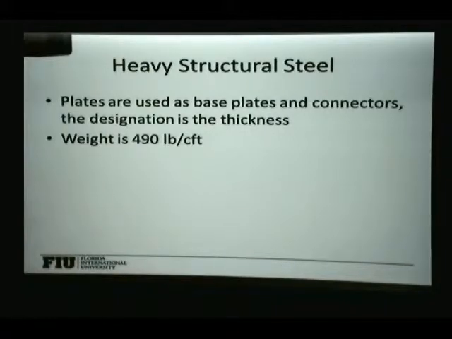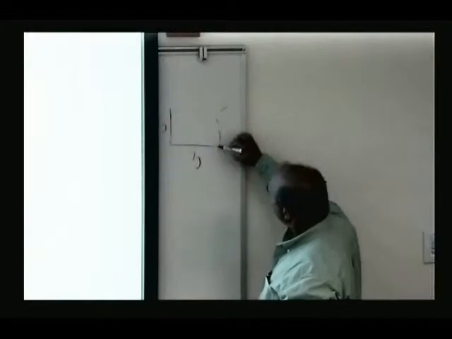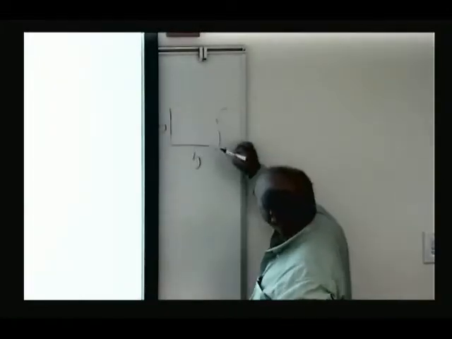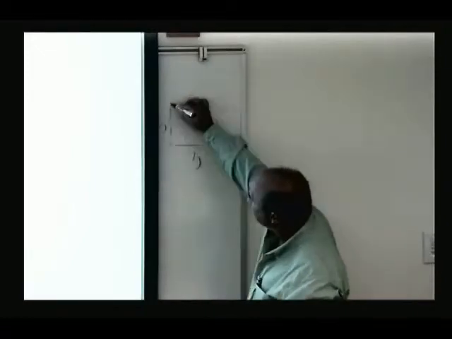We have an L-shaped channel, an L, and you know this is 3 by 5. This is not working very well. And then this has a 1/4 inch or a 1/2 inch thickness. You can figure out the area of this element will be 1/2 of an inch multiplied by 3 plus 5, right?